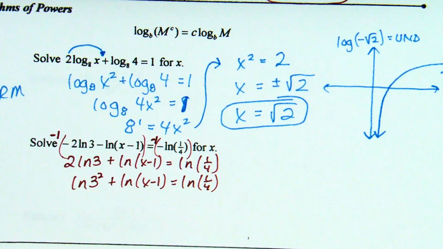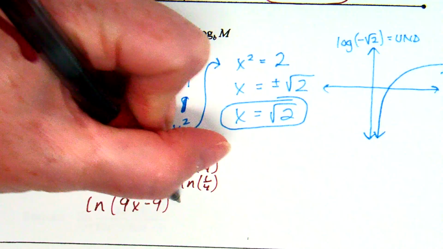We all know that 3 squared is 9. Okay, 2 logs being added, you just multiply. So this is going to become the natural log of what? 9x minus 9, because you're taking that 9 and distributing.